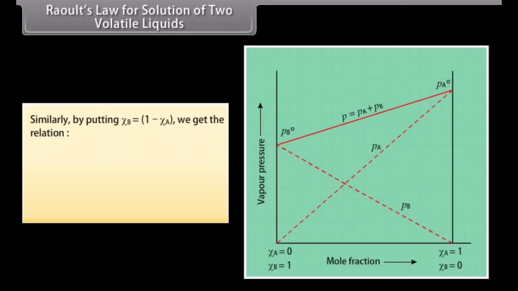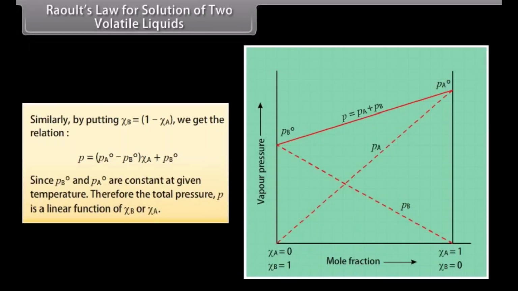Similarly, by putting XB = 1 - XA, we get the relation P = (P°A - P°B) × XA + P°B. Since P°B and P°A are constant at given temperature, therefore, the total pressure P is a linear function of XB or XA.